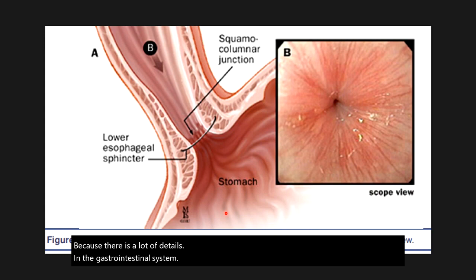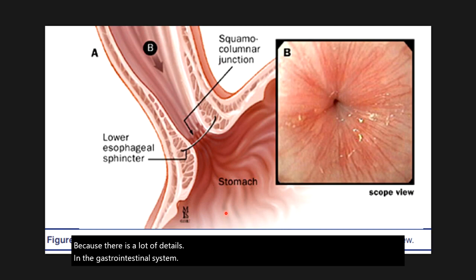We got a junction of two different epitheliums here, one that comes from the esophagus and the other one that comes from the stomach. The one that forms the epithelium of the esophagus is the squamous. It's due to squamous cells.